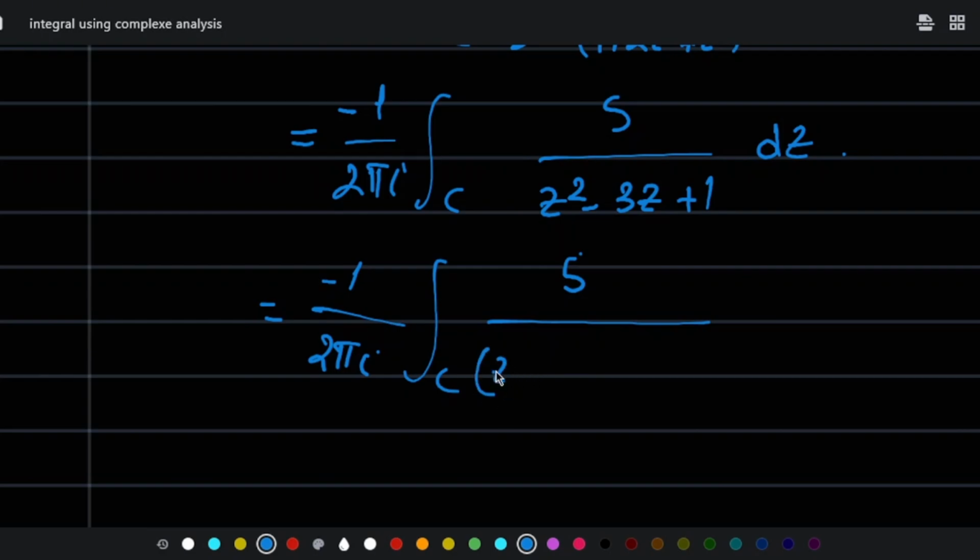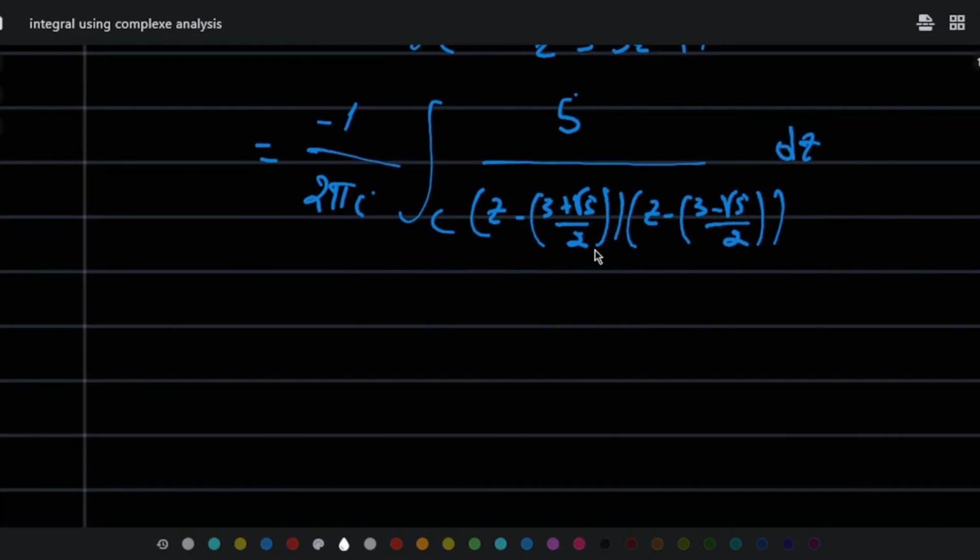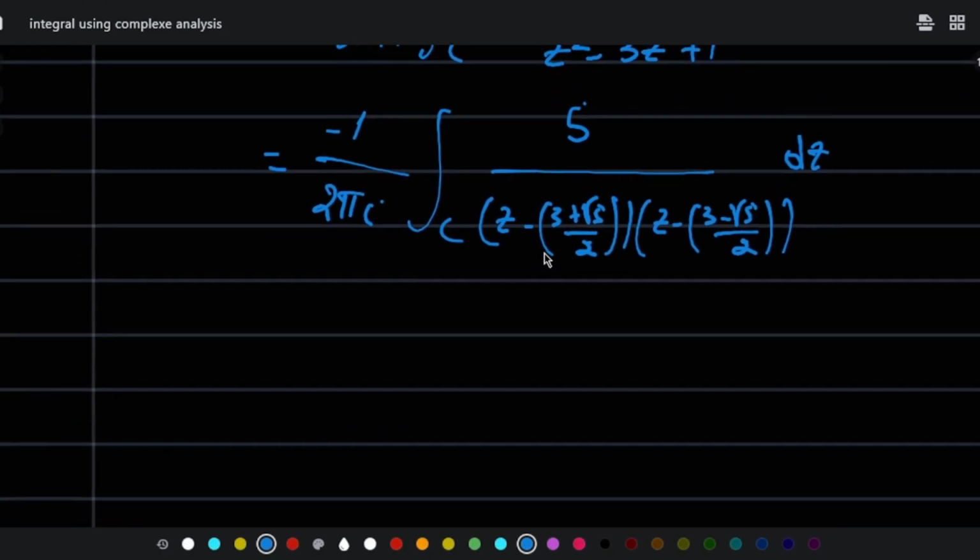So we'll get z minus (3 plus square root of 5) over 2, multiplied by z minus (3 minus square root of 5) over 2. Now you can calculate these zeros and see that this one is bigger than 1, but this one is less than 1. So this zero is not in the unit circle.